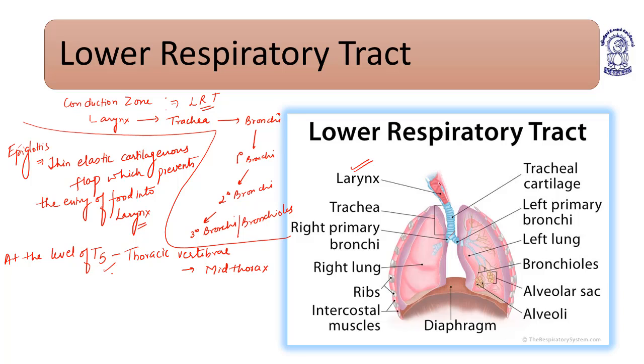So at the level of T5, primary bronchi, then the secondary, then the tertiary, okay, and then comes the bronchioles.